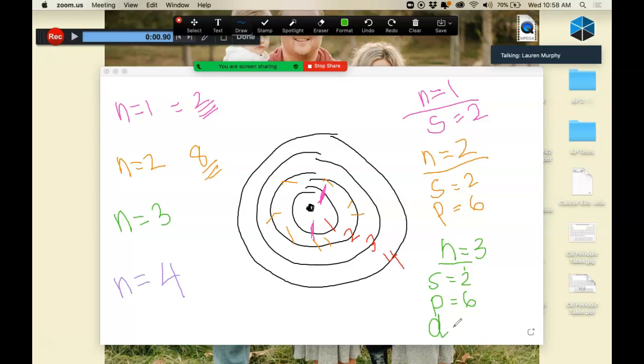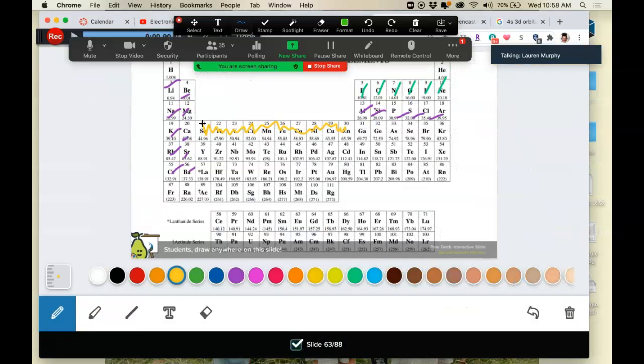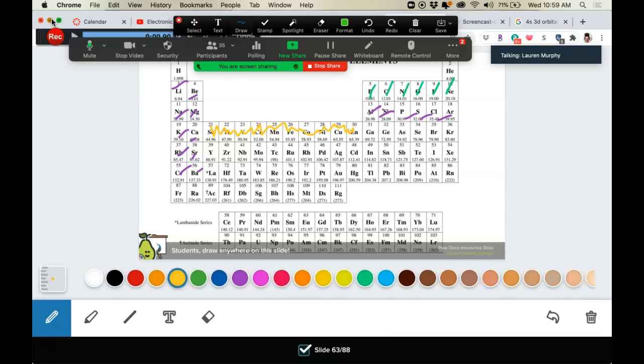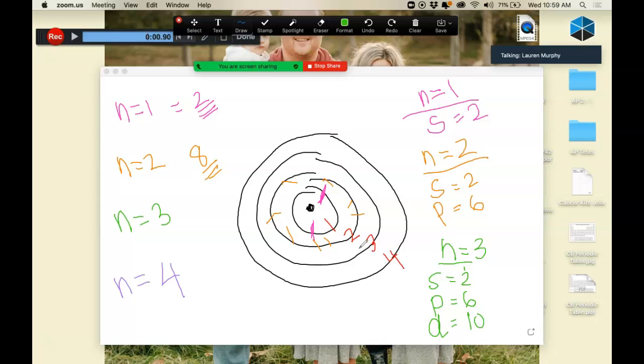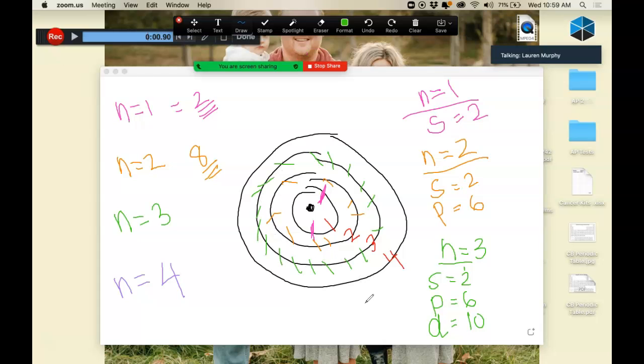Your d orbitals are present on the third energy level. Now, how many electrons can your d orbitals hold? 1, 2, 3, 4, 5, 6, 7, 8, 9, 10. So how many electrons can you throw on that third ring? 2 plus 6 is 8 plus 10 is 18. That's where you max out.